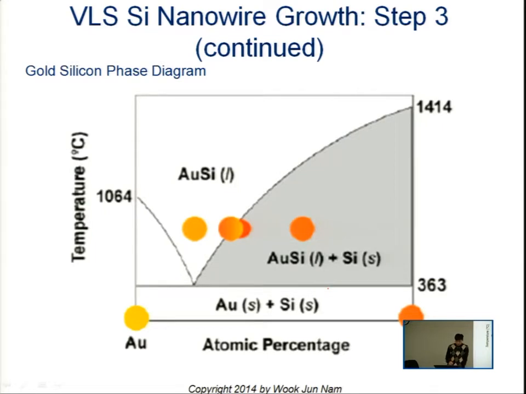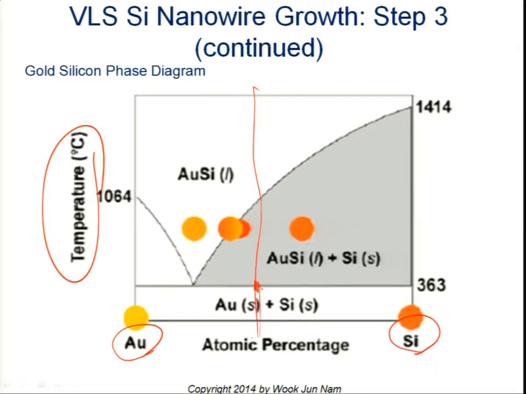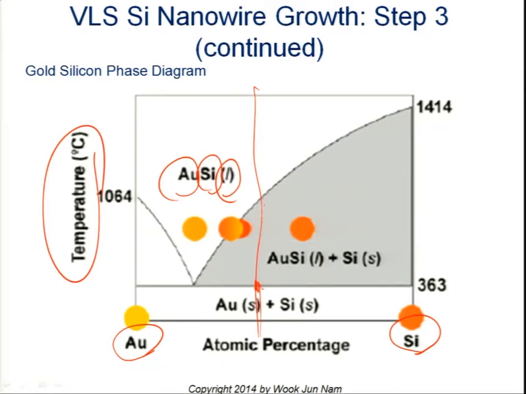So this is the phase diagram, the gold and silicon, and this is the temperature. When we have some ratio of gold and silicon about this, at very high temperature, the gold and silicon are both present as a liquid. But at this point, the gold and silicon alloy is present as a liquid, and the silicon is present as a solid.